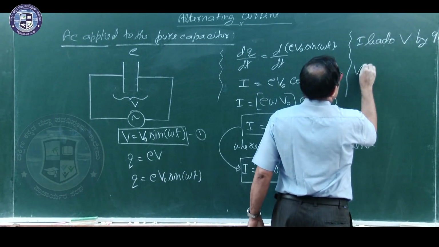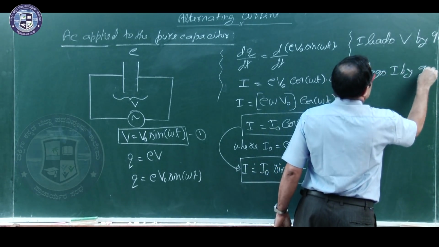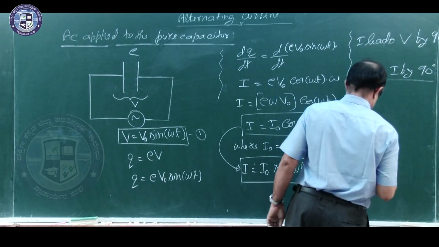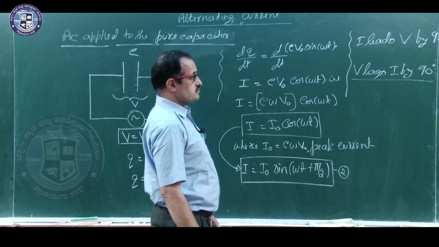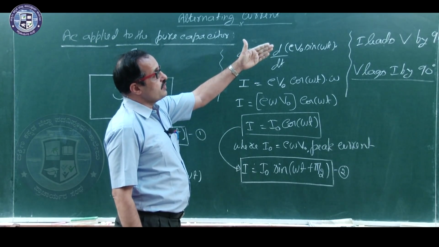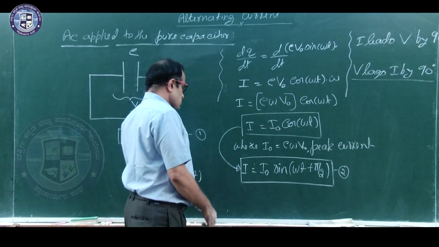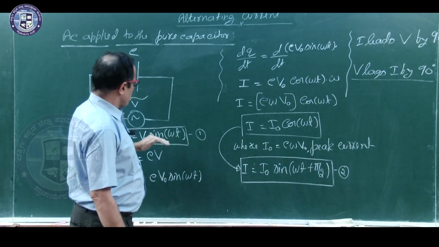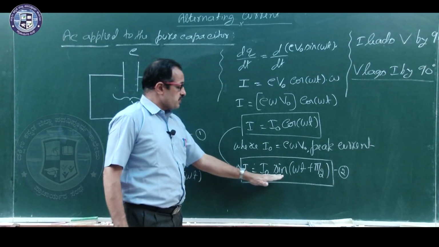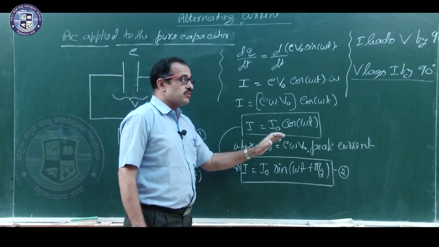We can say V lags I by 90 degree. So, both the statements are correct. I leads V by 90 degree or V lags I by 90 degree. So, this is the equation for voltage and the expression for current when AC is applied to a pure capacitor.